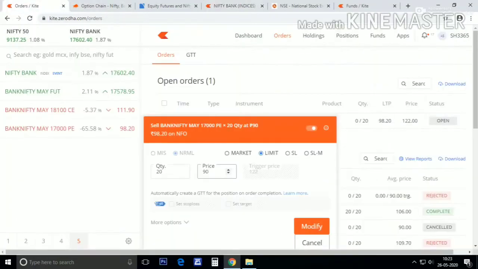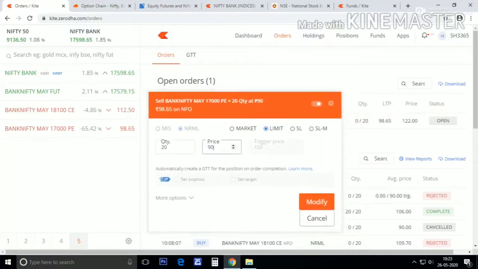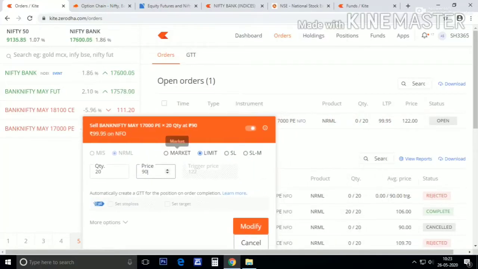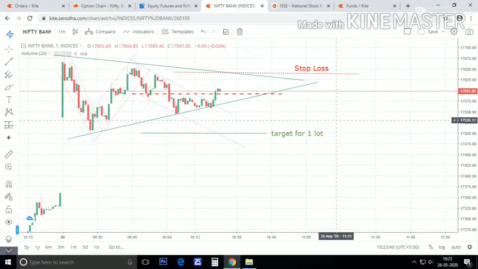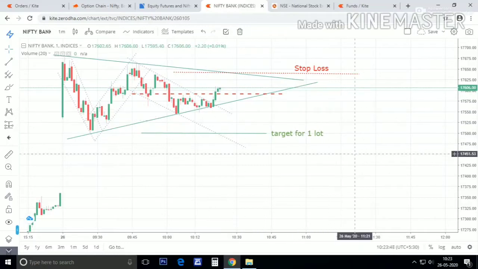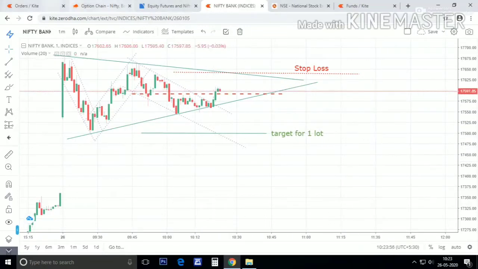It's a market order. I will click on the 90, and the modify page is already set up. If I see it goes around 91, 92, 93, I will set that at the market order. And at 90 or 89, 87 it will give a loss and it will exit.